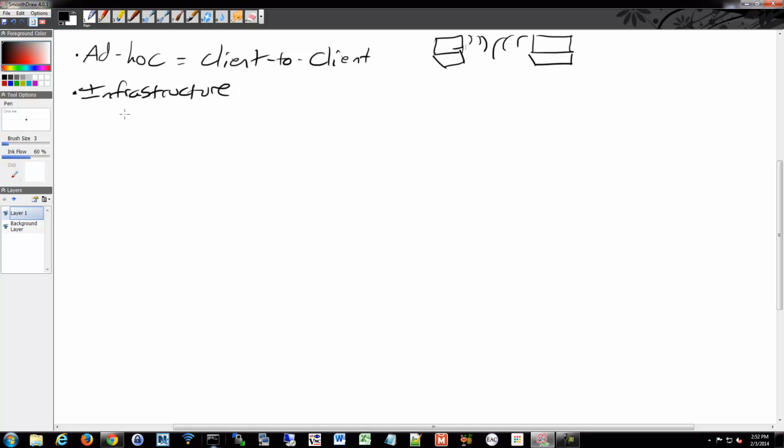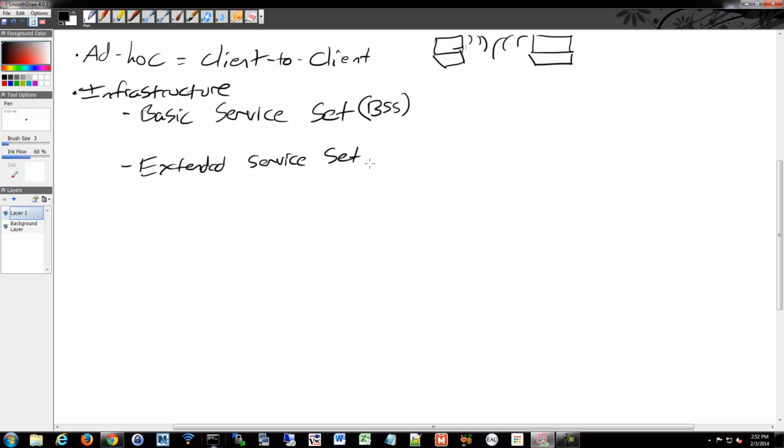And within infrastructure mode, there are two types: basic service set, and extended. With these two sets, they're actually very similar.